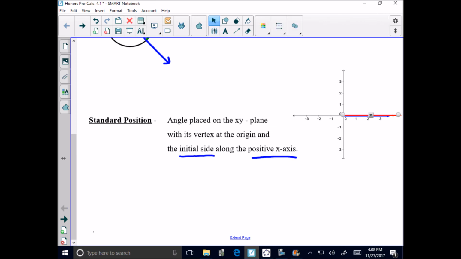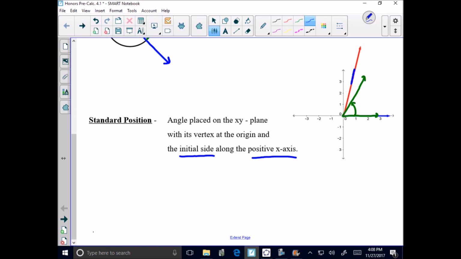So right here, if I rotate my terminal side away from my initial side, I can basically see this angle. And since all my angles are going to start on the positive x-axis, I can compare angles. I can see whether this first angle is larger or smaller than the second angle that I draw.